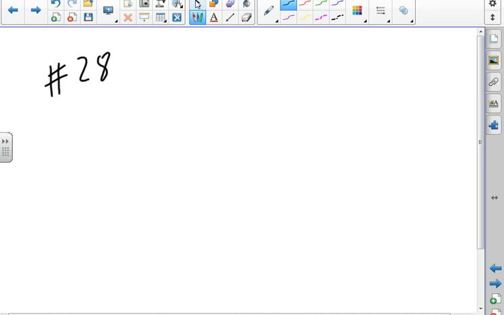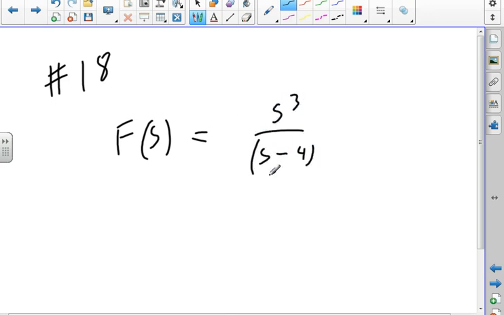Now let's do 18. Seems to me like we ought to do a problem, right? In the problem set: s cubed over (s minus 4) to the 4th power.